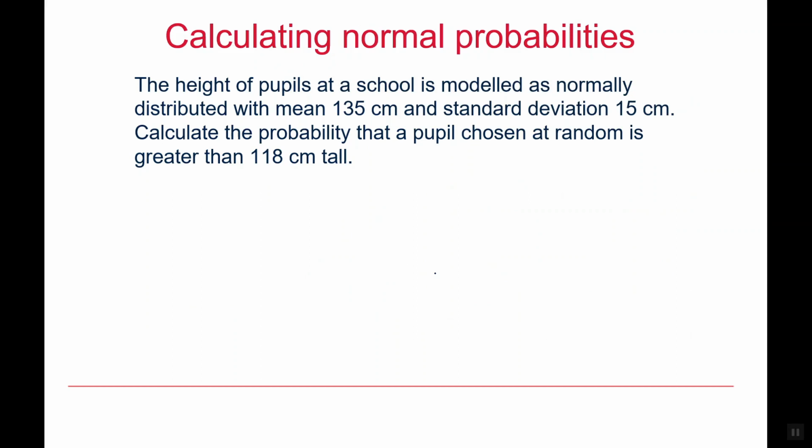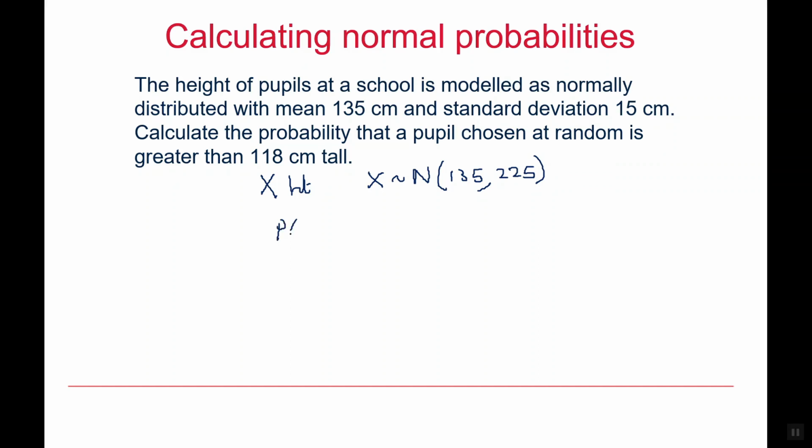So if we look at an example, our random variable here, x, represents the height of a pupil, and that continuous random variable is normally distributed with mean 135, and remember the second quantity in the brackets is the variance, so 225, the standard deviation squared.